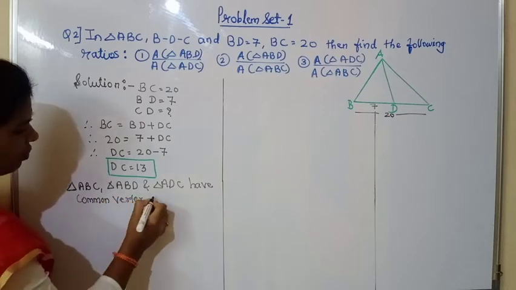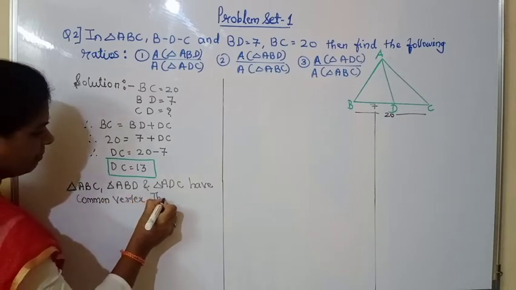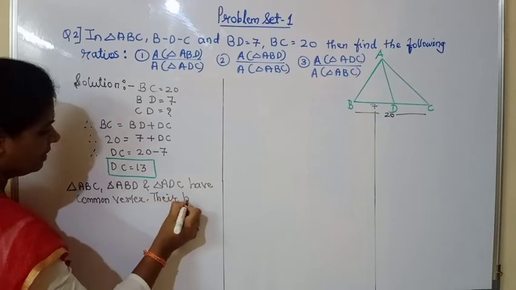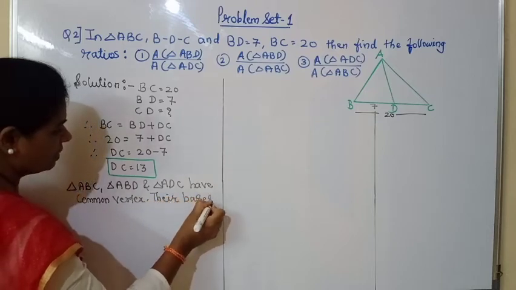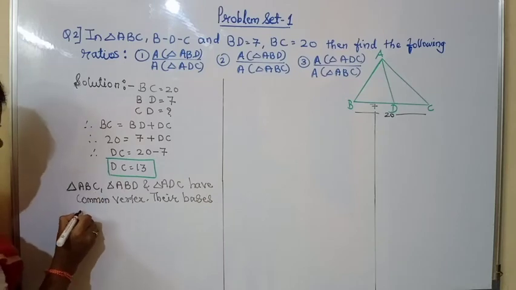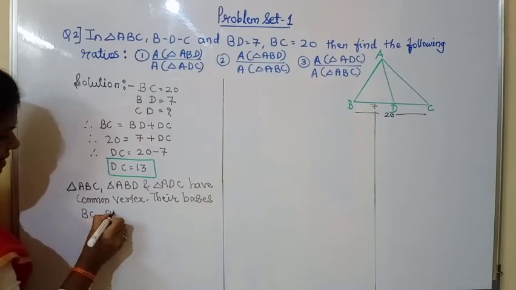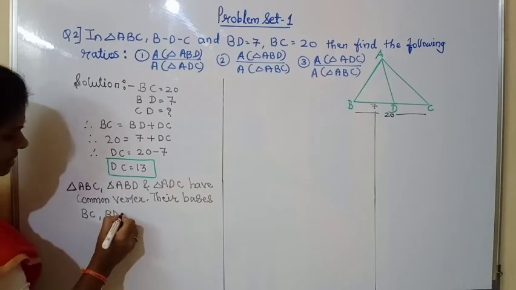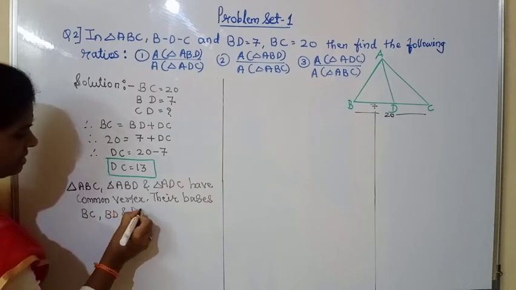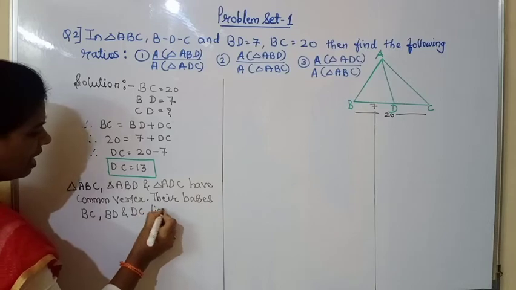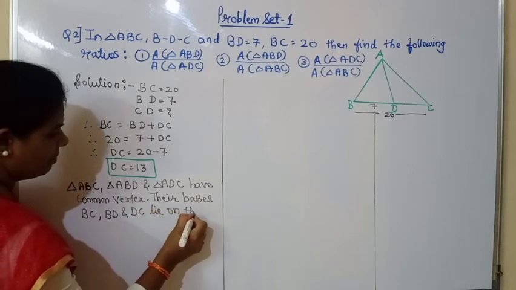Second thing, what is there? That is their bases. What are their bases now? For ABC, the base is BC. For ABD, the base is BD. And for ADC, the base is DC. They lie on the same line.